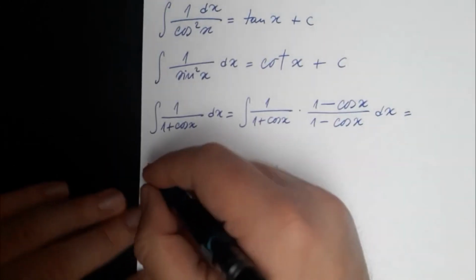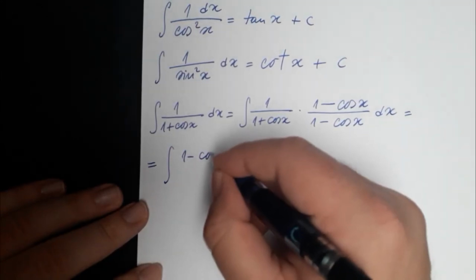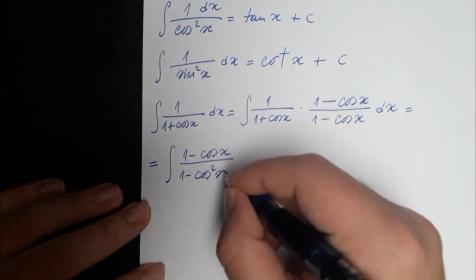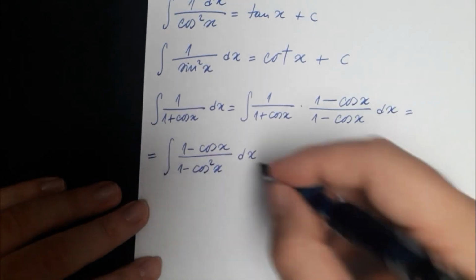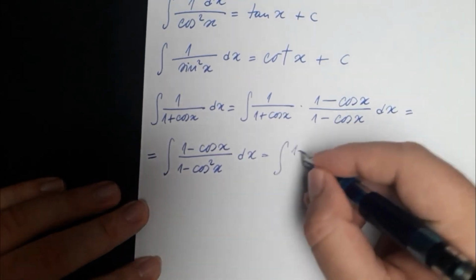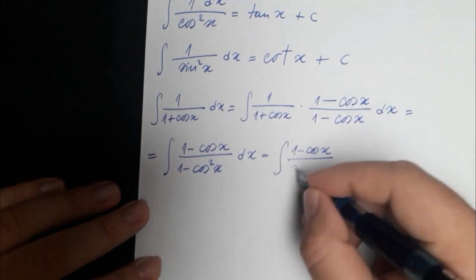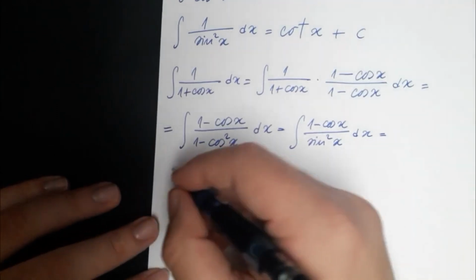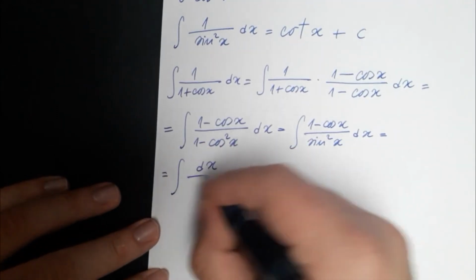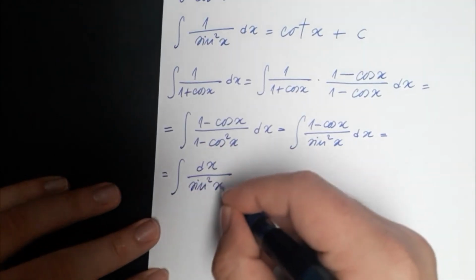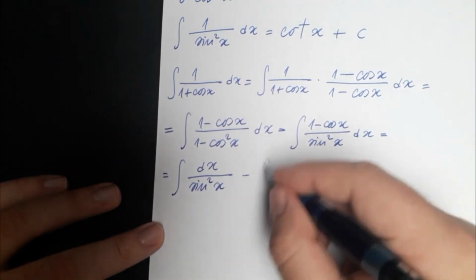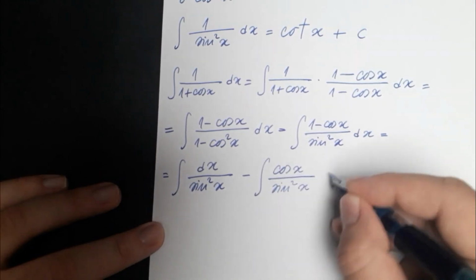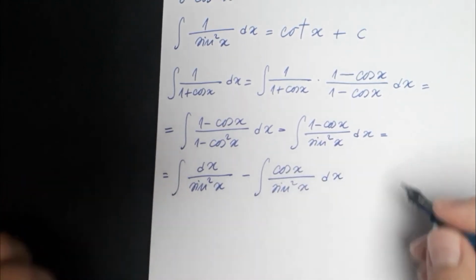In this manner, we get integral of 1 minus cosine x divided by 1 minus cosine squared of x dx. That is going to give us 1 minus cosine of x divided by sine squared of x dx, and that is equal to an integral of dx divided by sine squared of x minus an integral of cosine of x divided by sine squared of x dx.